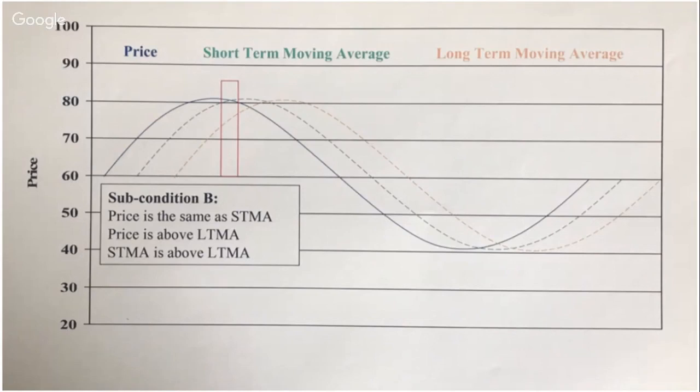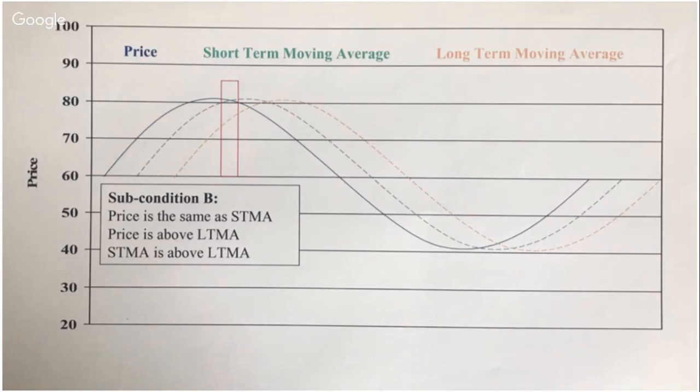Condition B, look what has occurred. The price has become the same as the short-term moving average. In other words, price has gone flat or turned down so that it has become equal to the short-term moving average. The short-term moving average is still above the long-term, and the price is still above the long-term.